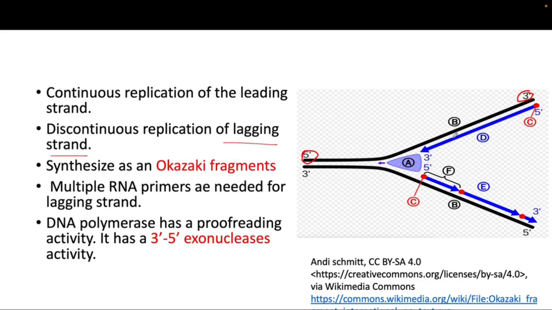There is no stoppage point here, as you can see. It can continuously add base pairs until the helicase stops opening up the DNA; once the helicase has stopped, it cannot add nucleotides. So in this leading strand, DNA polymerase 3 goes in the same direction as the helicase enzyme.